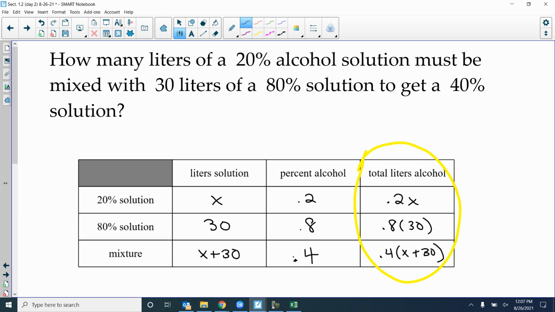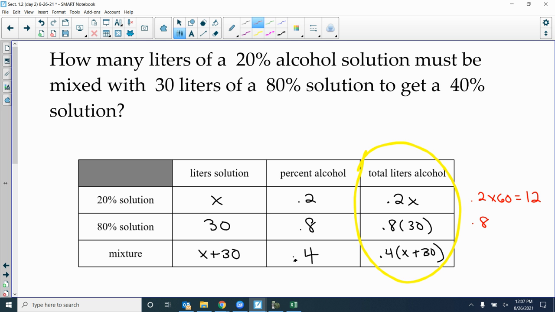So you get 60 liters at 20%, so you would take 0.2 times 60. What's that give me? 12. So that would be 12 liters of alcohol in the 20% solution.